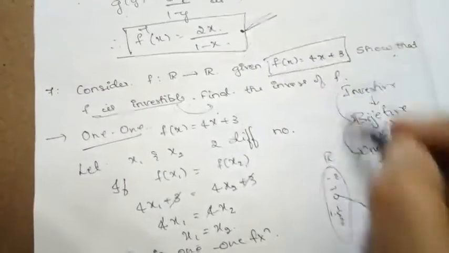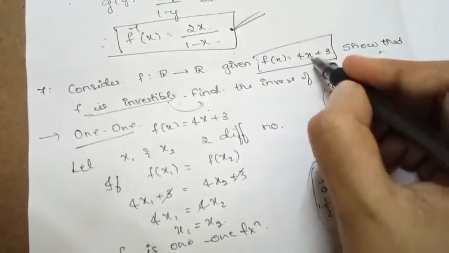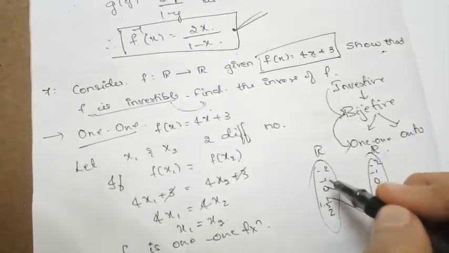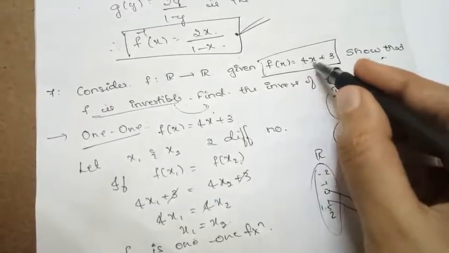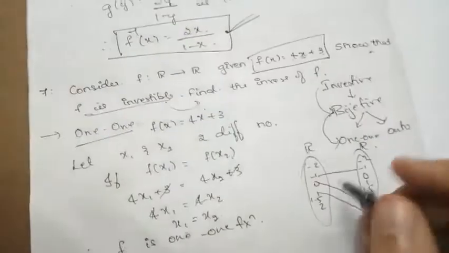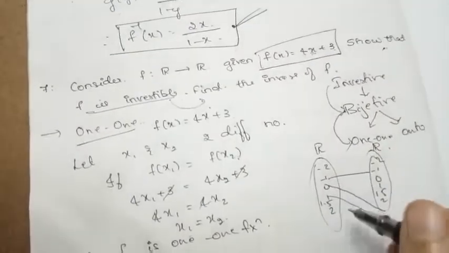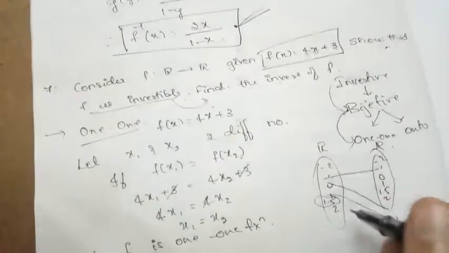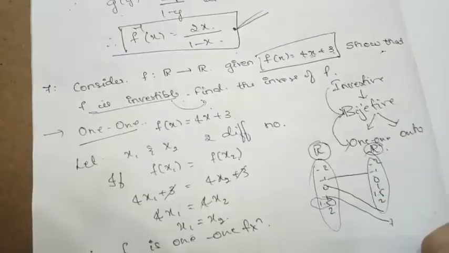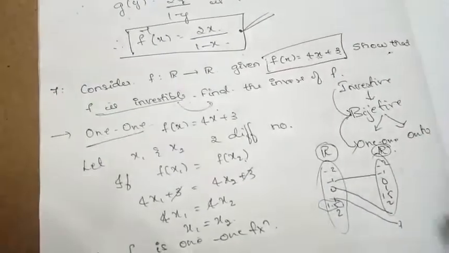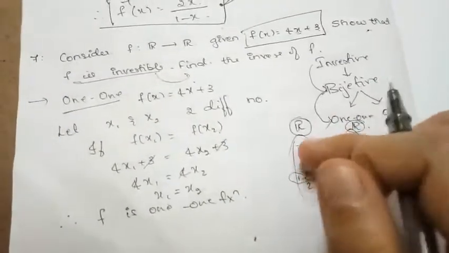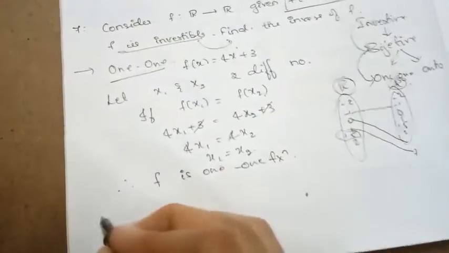If you take x is equal to 1, 4 into 1 is 4 plus 3, so we get 7. If you input -1, 4 into -1 is -4 plus 3, which becomes -1. So for each value we get a unique value. If you input decimal values, you also get a unique value, because the set is defined from the set of real numbers. So all the real numbers in the codomain are the image of one or the other element present in the domain. So it is an onto function.